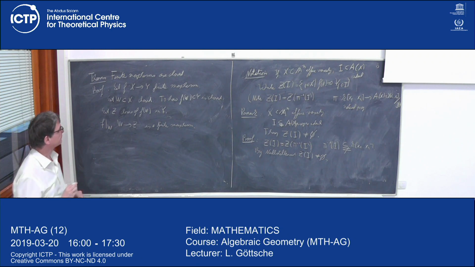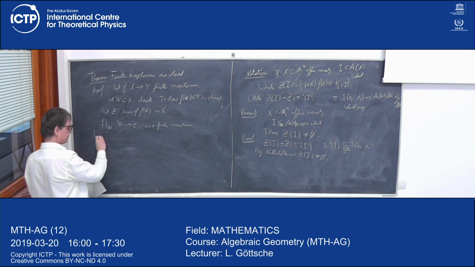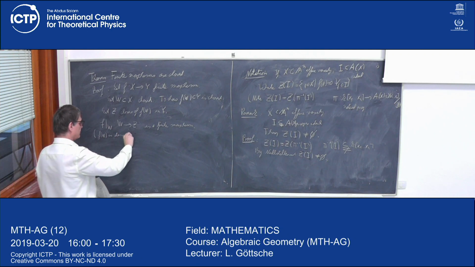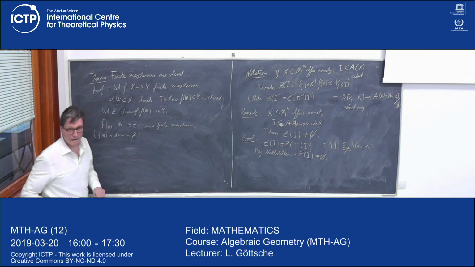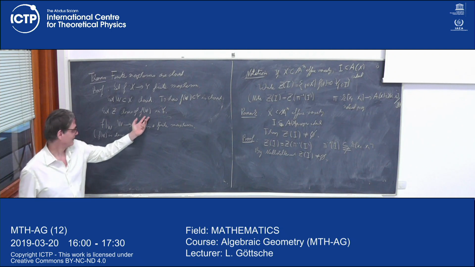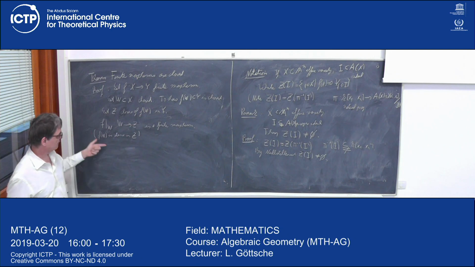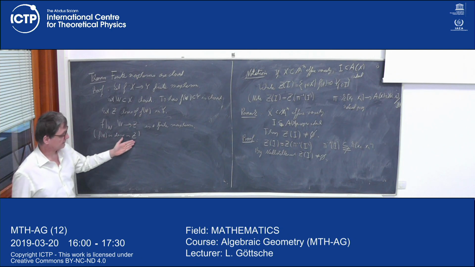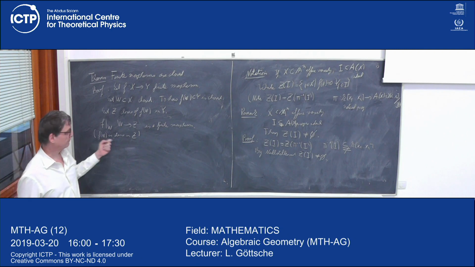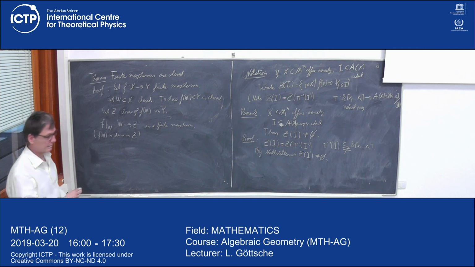And now, with this, f(W) is clearly dense in Z, because Z was the closure. So what we want to show is that Z is equal to f(W). In other words, we have reduced to the following statement.